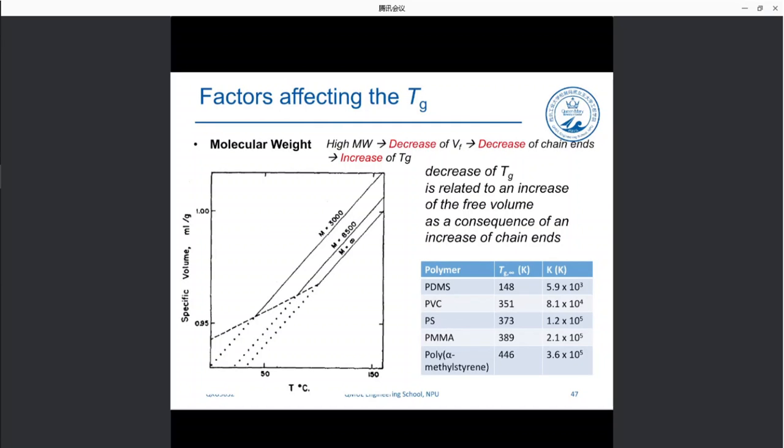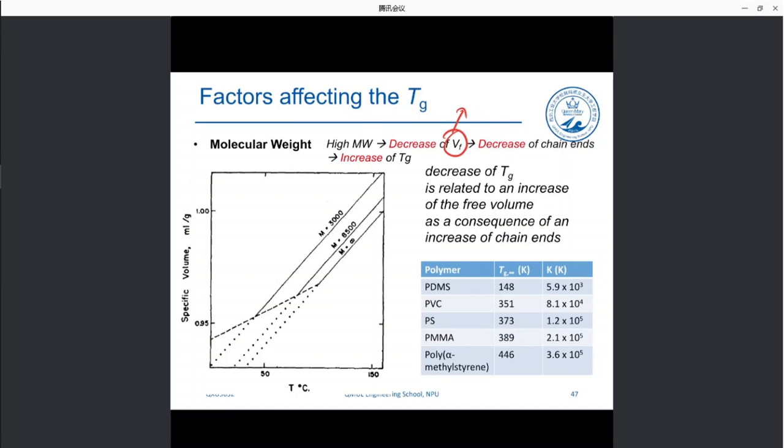So essentially, what happens when we have a high molecular weight? We have either very long chains or a very large number of chains, or a very viscous material, because the chains are very long, okay? We said we have three different types of molecular weights: number average, weight average, and Z average, and they depend on the number of chains, the weight of the chains, and the length of the chain. Anyway, the high molecular weight generally leads to a decrease of VF. What is VF?